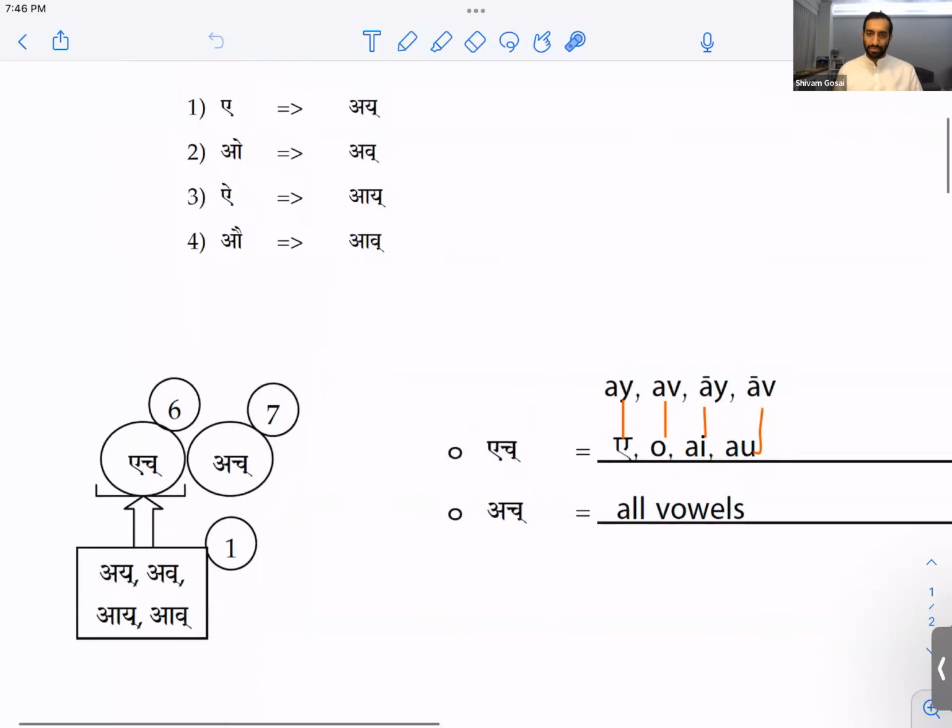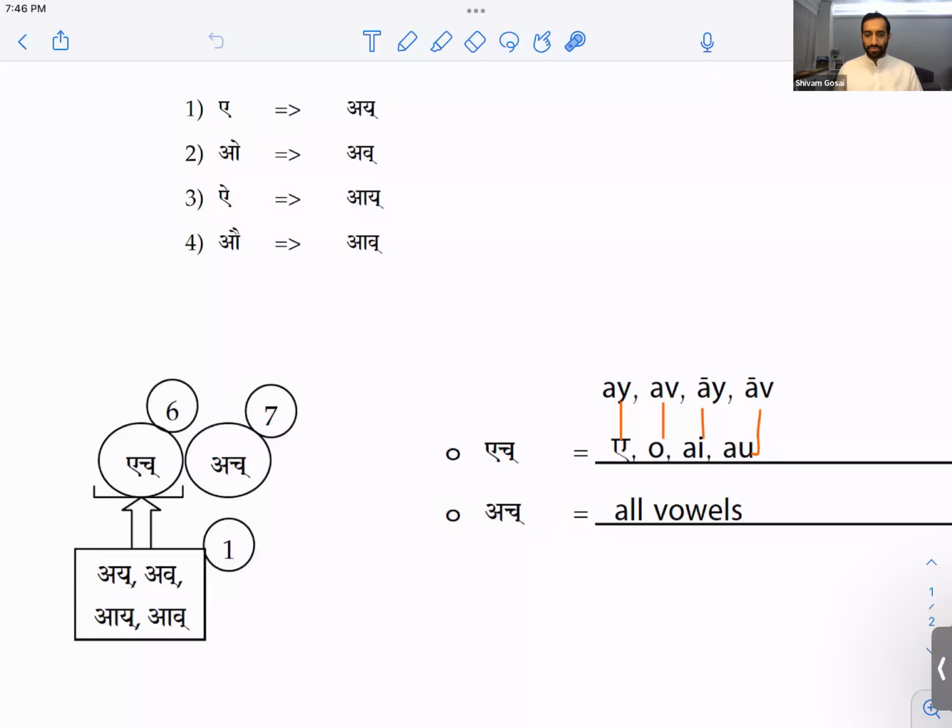E is replaced by ay, o is replaced by av, ai is replaced by ayi, au is replaced by avi. Here, what's going to be relevant in this context for nvul is really that ai is going to be replaced by ayi, and o is going to be replaced by av.